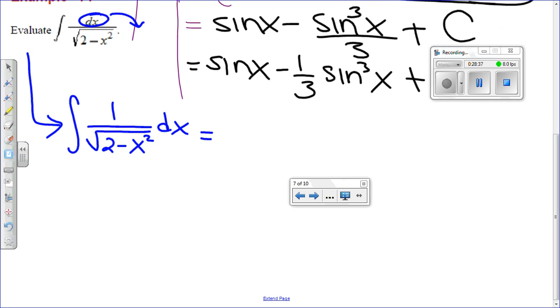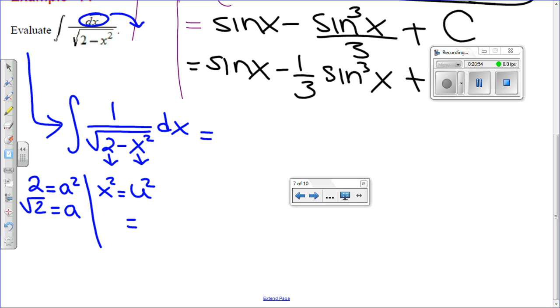So again, we're going to take this number, 2, and that is going to equal a squared. So then the square root of 2 equals a. Similarly, we take this x squared, and that will equal u squared. Now, if we want to find what u is, we will take the square root of x squared, and that will give us x.